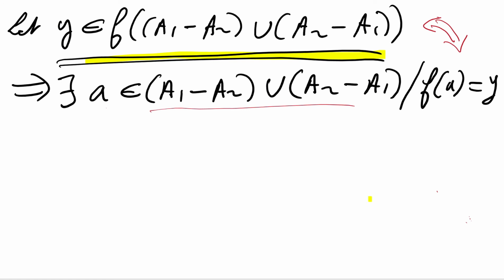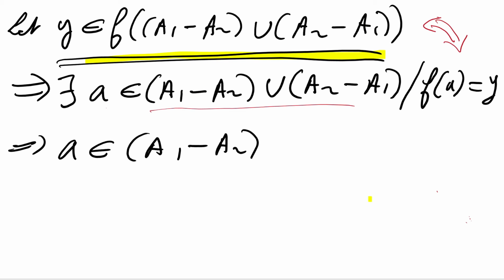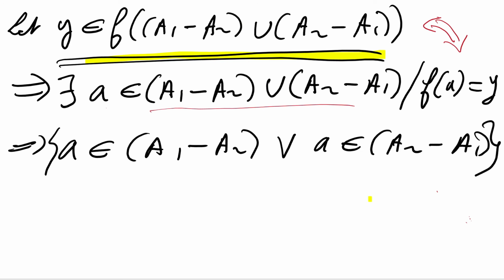From here, we just extend it using the simple definition. This implies a is in A1 minus A2 or a is in A2 minus A1, right? That's the definition of the union, which we saw in the previous chapter.